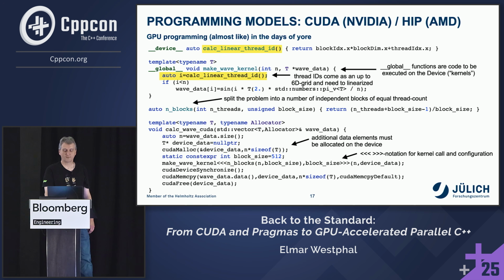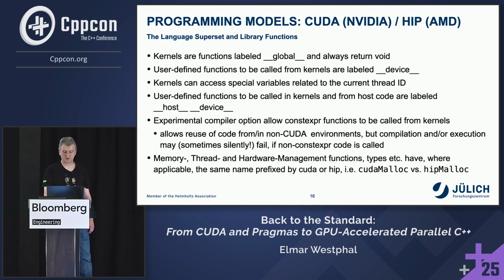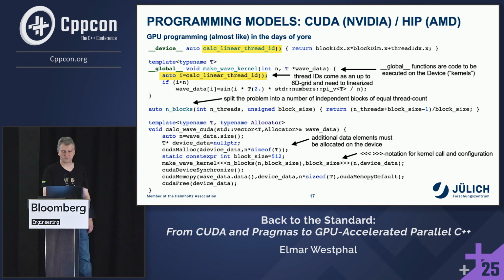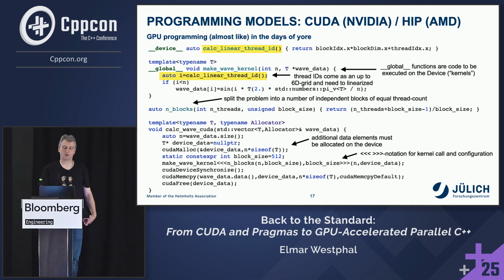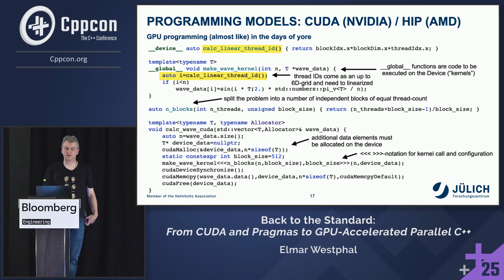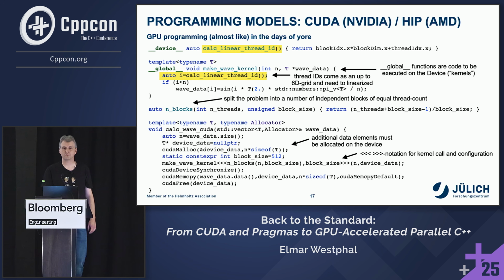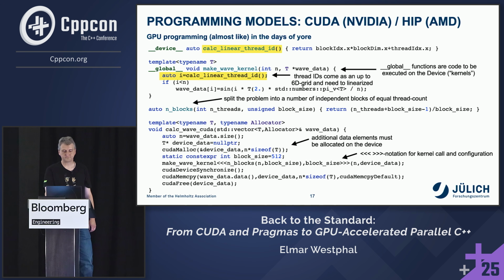And we also need to give the blocks the block size. And then we call our kernel. Within the kernel, we can, in some magic way, calculate a linear thread ID from the up to 6-dimensional grid ID that we get back from our kernel call.